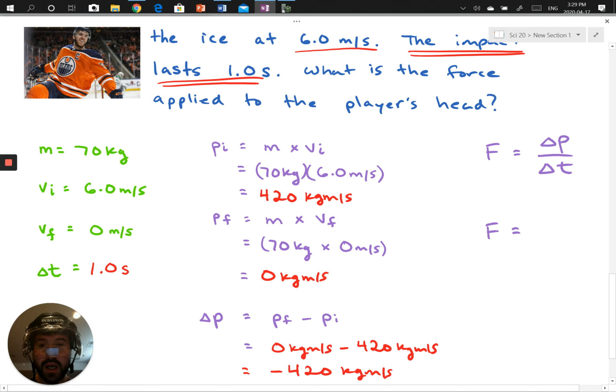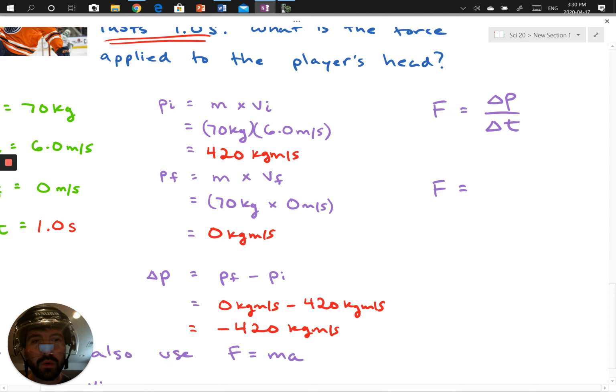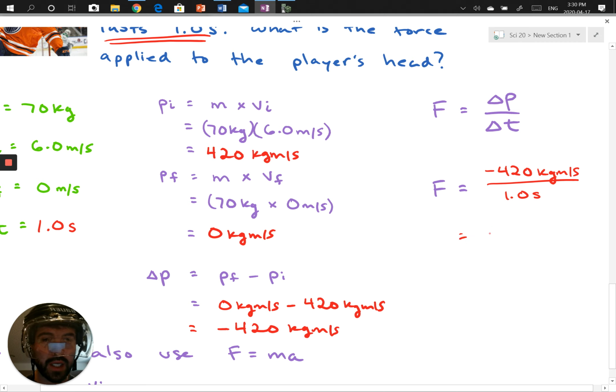The momentum of the player is the same. So when we do our formula up here, we take that delta P, negative 420 kilogram meters per second, but now we're dividing that by 1 second. 420 divided by 1 is 420. So negative 420 kilogram meters per second squared, or negative 420 newtons.